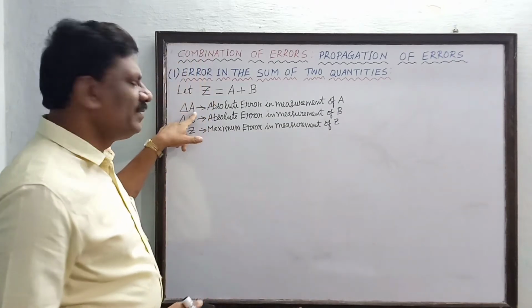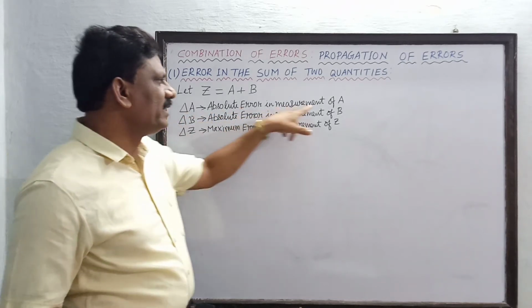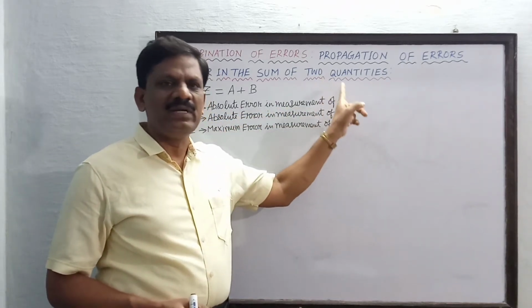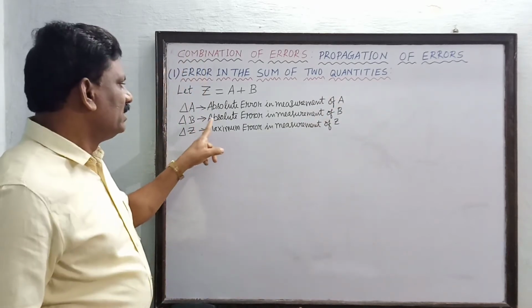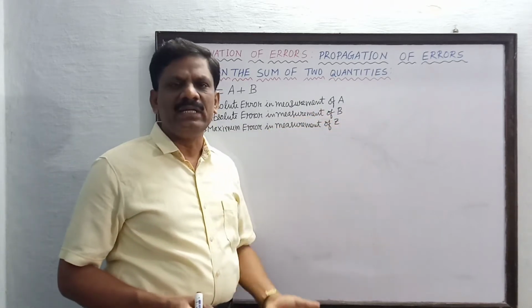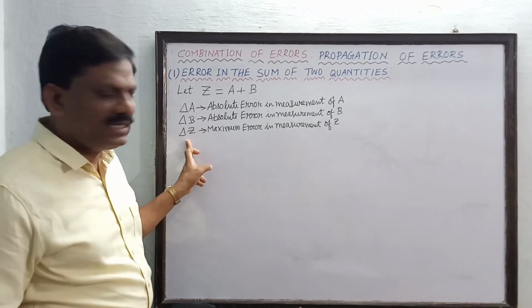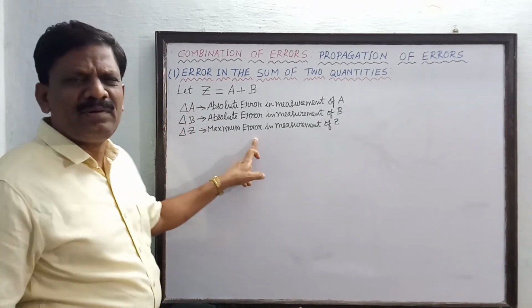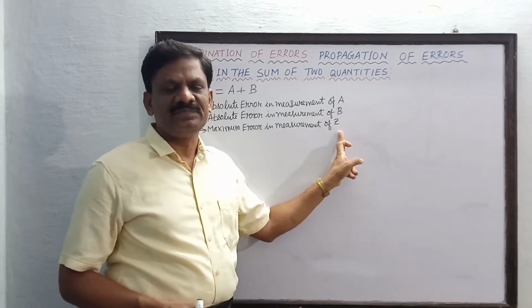That is delta A. So delta A represents the absolute error in the measurement of the first physical quantity A. Similarly, let delta B represent the absolute error in the measurement of the second physical quantity B. And let delta Z represent the maximum possible error in the measurement of the total, that is Z.